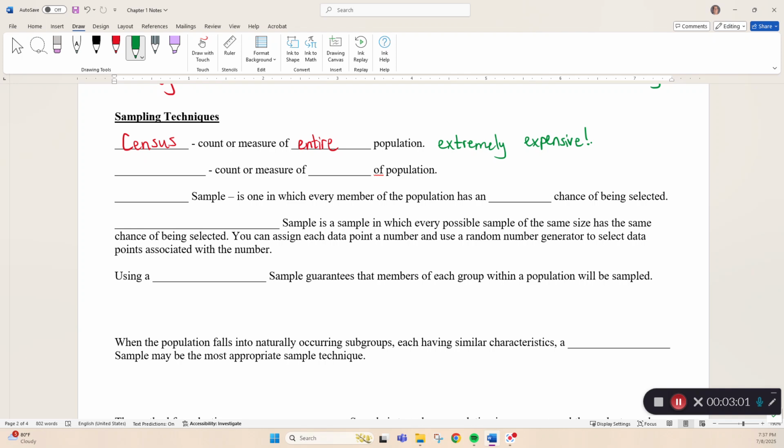But anyways, for most purposes, we're not doing the whole census because it's so expensive. So what do we do? Well, we do some sampling. A sample is a count or measure of part of the population.